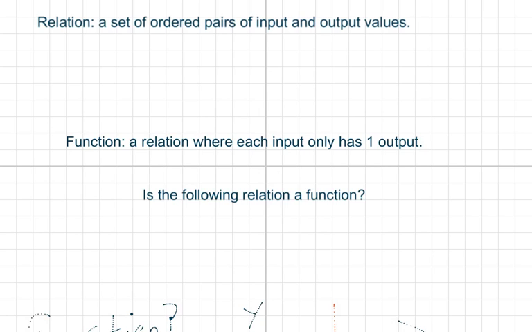So the points (4,2), (4,3), and (4,7) are all in this graph. So the same x has not 2, but 3 different y's. So this would definitely not be a function.